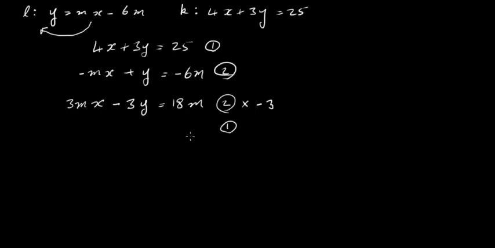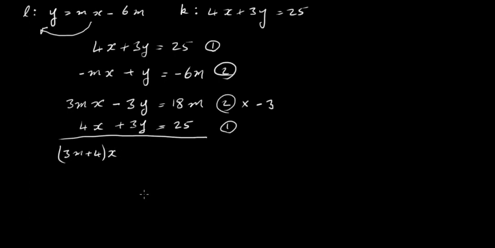Let's write down equation 1 underneath that: 4x plus 3y is equal to 25. Now I'm just going to add these two equations. Here I have 3mx plus 4x, so that's 3m plus 4 times x. I've just factorized out the x here.